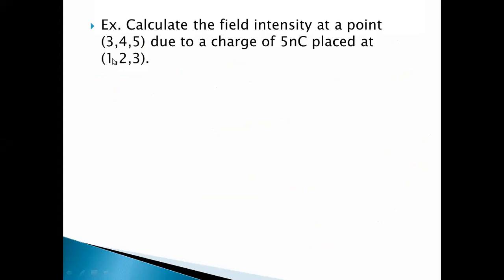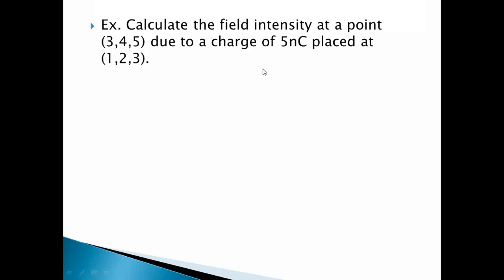And there is also magnetic field intensity, in the second section. If the question is in the first section, then it is only electric field intensity. If the question is in the second section, then it is magnetic field intensity, because your first section is totally on electrostatics and the second section is on magnetostatics. Remember this.